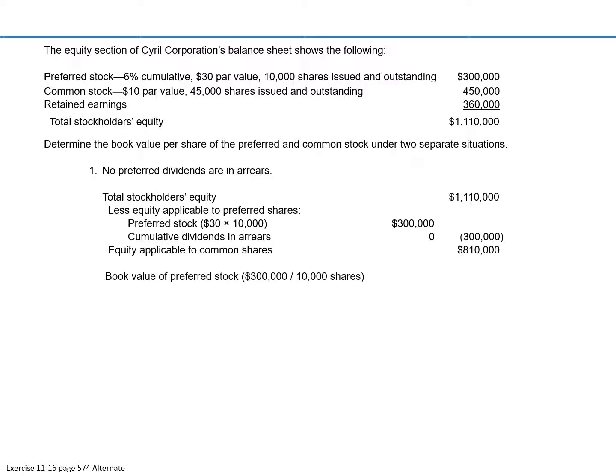If we go back and compute the book value of preferred stock, it's our $300,000 divided by our 10,000 shares, so it's $30 per share. Our book value of our common stock is our 810,000 divided by our 45,000 shares that they tell us up here, or $18 per share.